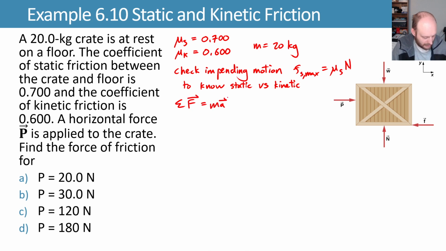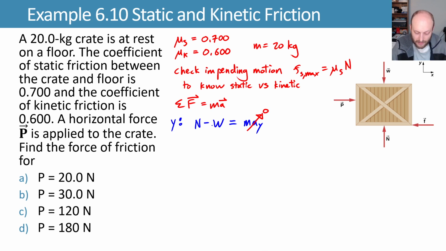The sum of the forces is equal to mass times acceleration, and we can consider our two directions. We can consider the y direction, where we've got y positive acting upward. The normal force is acting up, the weight is acting down. Those are the two forces acting, and they sum to mass times acceleration in the y, which we would expect to be 0 as the crate stays on the surface.